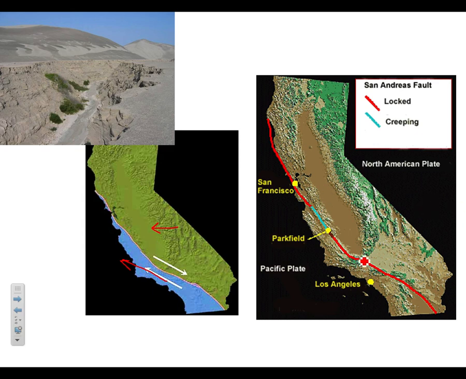And this one shows it again. Kind of an interesting thing to see is that Los Angeles is on the Pacific Plate. San Francisco is on the North American Plate. So if you think in millions of years, 50 million years, 60 million years, Los Angeles is gradually going to be working its way up.